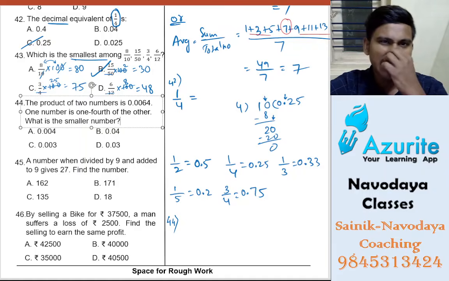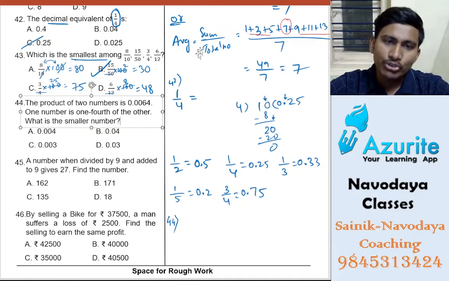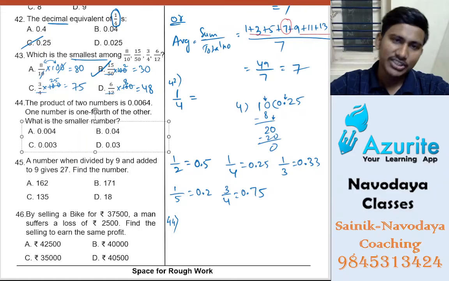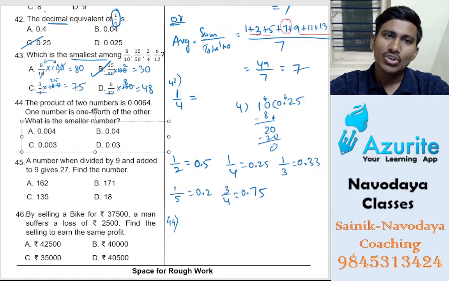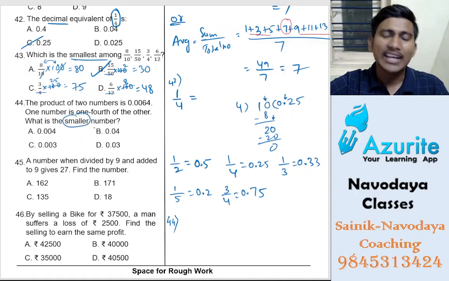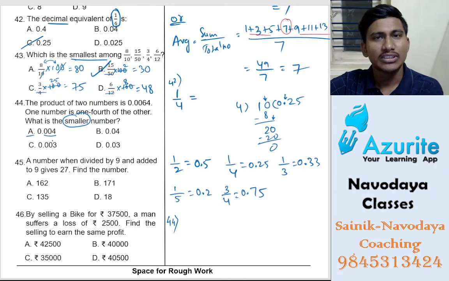So I will first explain the shortcut. What you should do? You should go with options. They are asking for the smaller number. If you take the smaller number as option A, 0.004, the larger number will be, you should multiply with 4 here.